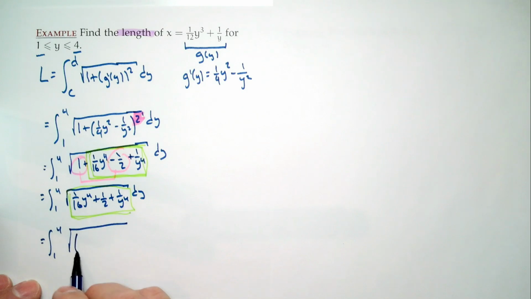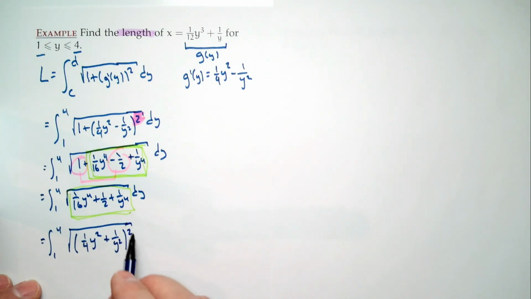Well, I'll go ahead and say it. 1/4 y squared plus 1 over y squared, squared. And you can check it, it does expand out that way. This is something that happens fairly frequently. Not that it would happen in random functions, but we don't ask for random functions anymore.